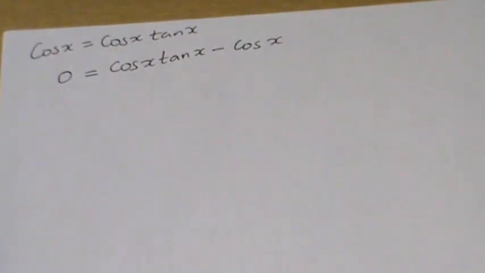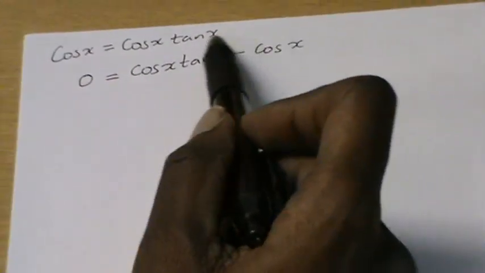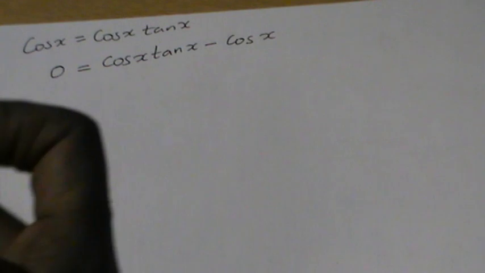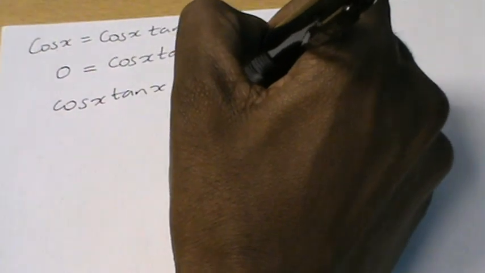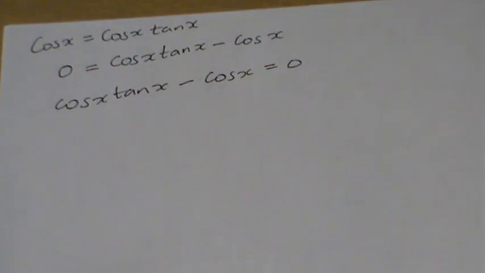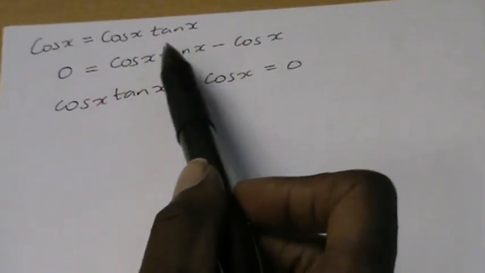Now I will rewrite this equation with this part first, and it's equal to 0. So I have cos x tan x minus cos x is equal to 0. You can see all the signs are the same.